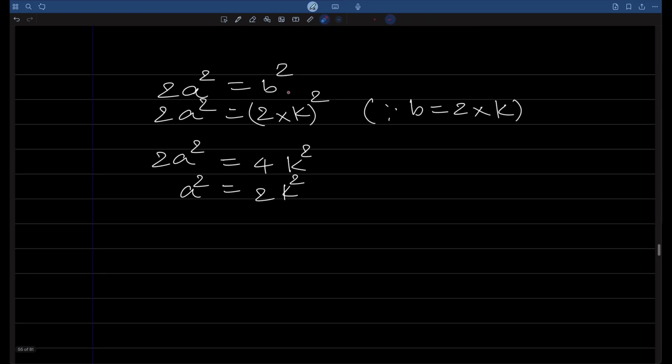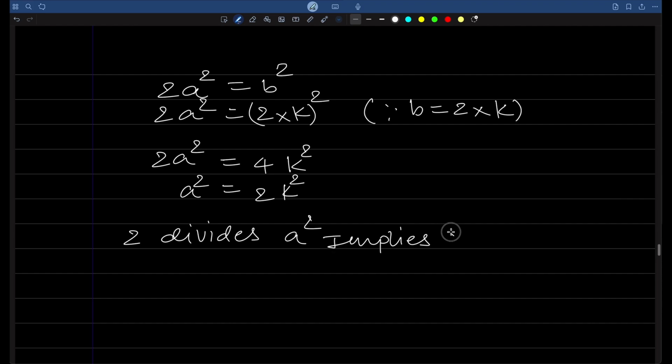Now if we see here, 2 divides a square, that is 2 is one of the factors of a square.